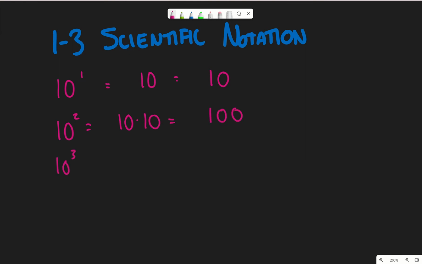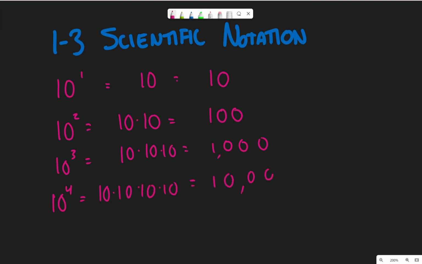If I have 10 to the power of 3, that equals 10 times 10 times 10, which equals 1,000. If I have 10 to the power of 4, that equals 10 times 10 times 10 times 10, which equals 10,000.